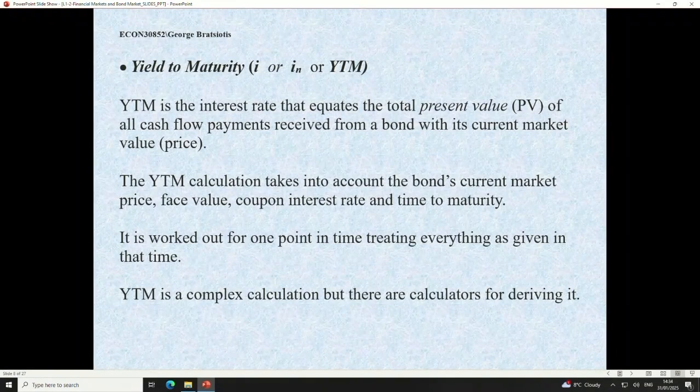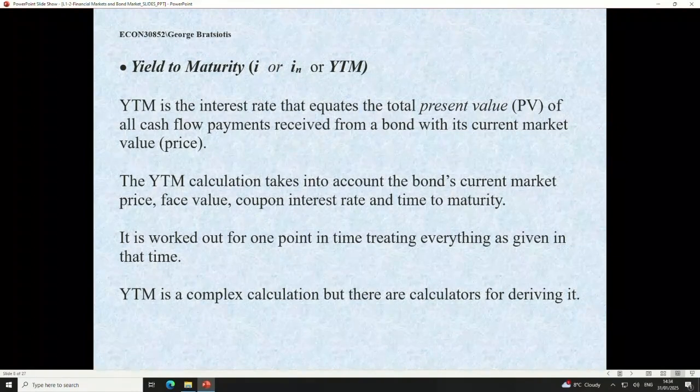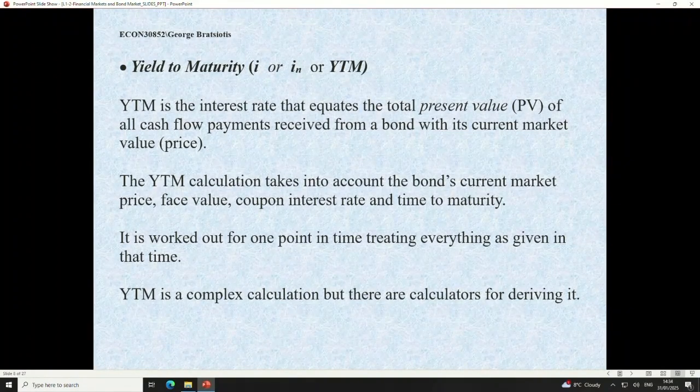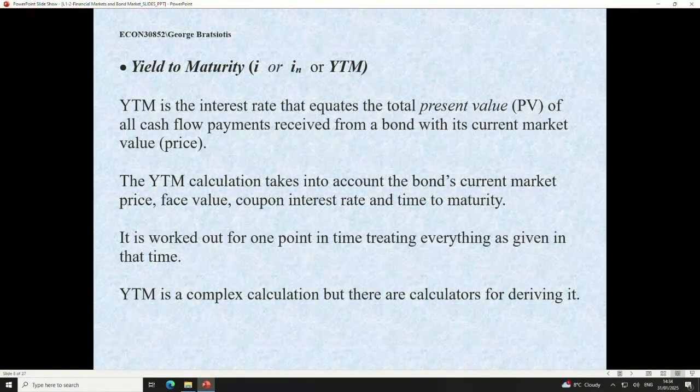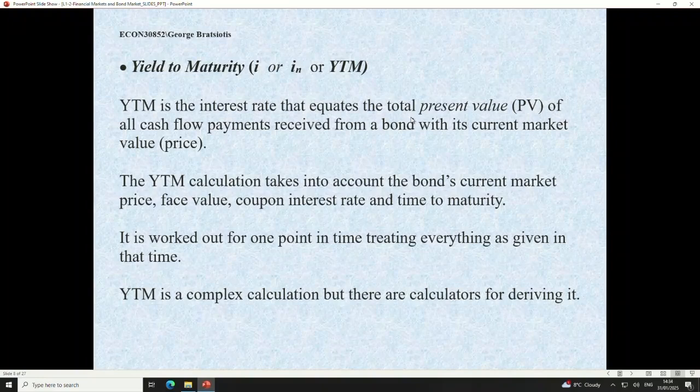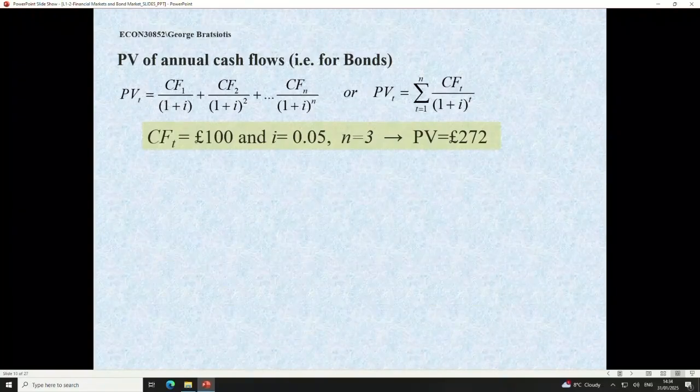Remember what I just told you, that you take the present value equation, which is the same as the price when you first issue the bond, and you work out from there the yield to maturity. So what is the yield to maturity? It is the interest rate that equates the total present value of all cash flow payments received from a bond with its current market value. So you take the price, okay? Are you with me?